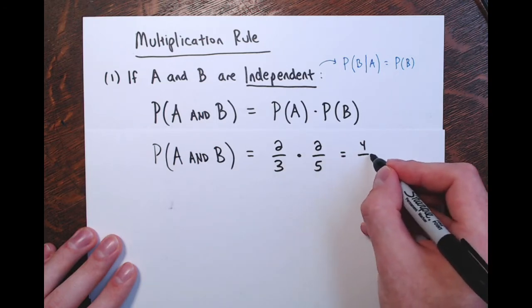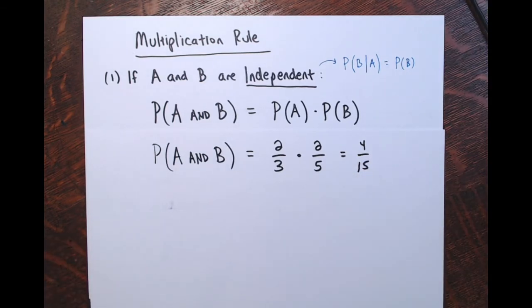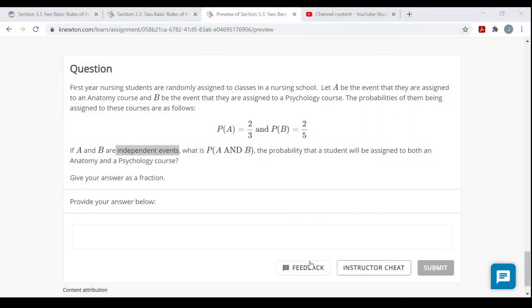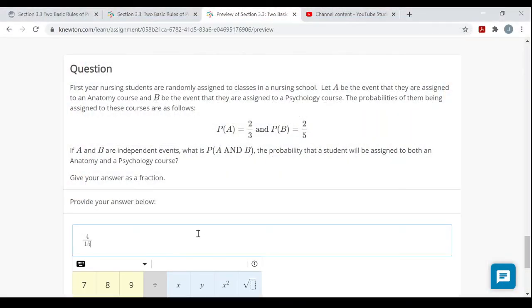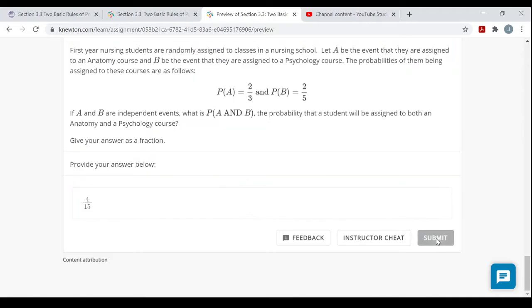This is 4/15, and it does say enter your answer as a fraction. So the product is 4/15, and that's if we assume those are independent events.